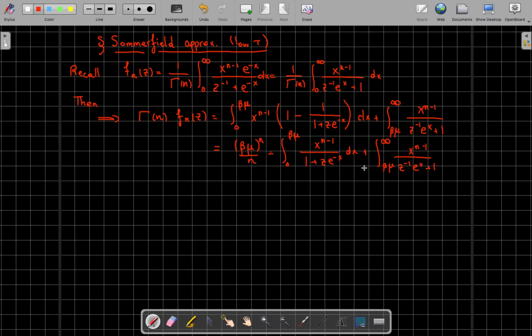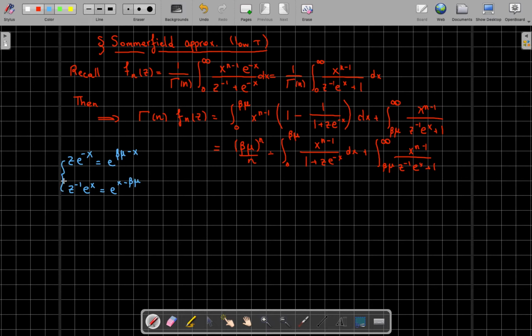Now we have two different exponentials. So we have z e to the minus x, right? But that's actually e to the beta mu minus x. And then we have z inverse e to the x, but that's just e to the x minus beta mu.